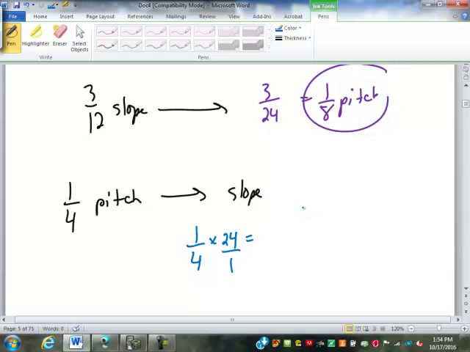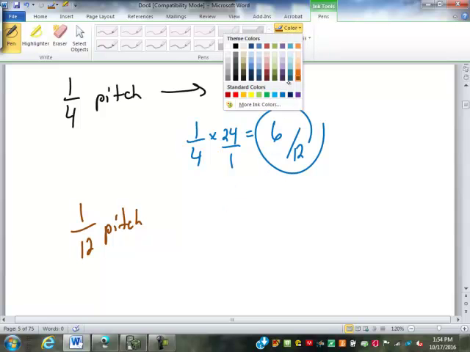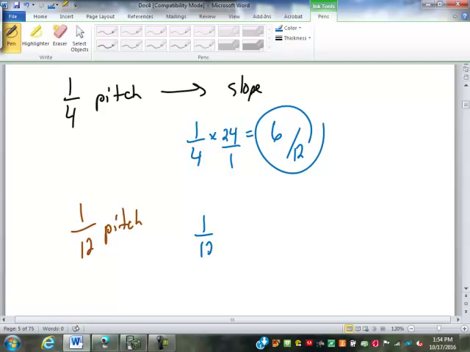Make it 24/1. 6. 6/12 slope. So if I have a 1/12 pitch, what am I going to do with that? 1/12 times 24 gives me what? 2. So it's a 2/12 slope.